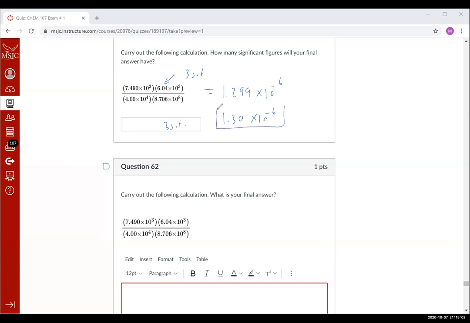Does this question make sense? Any questions on this?